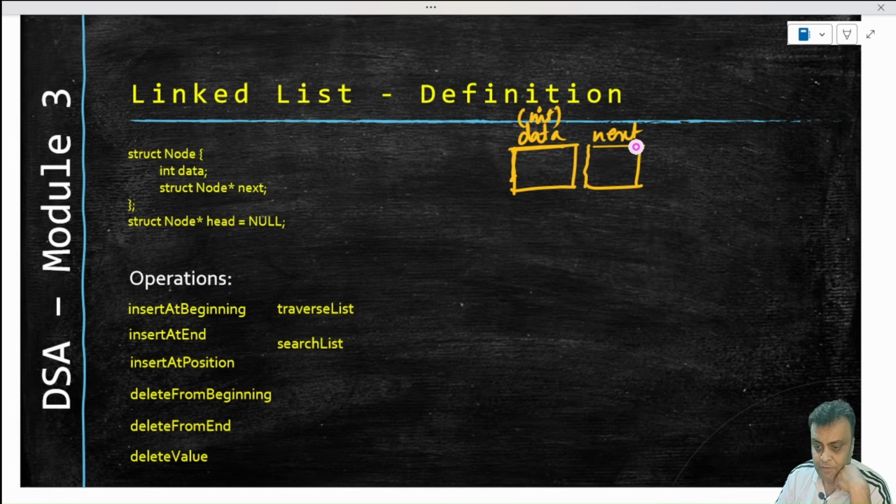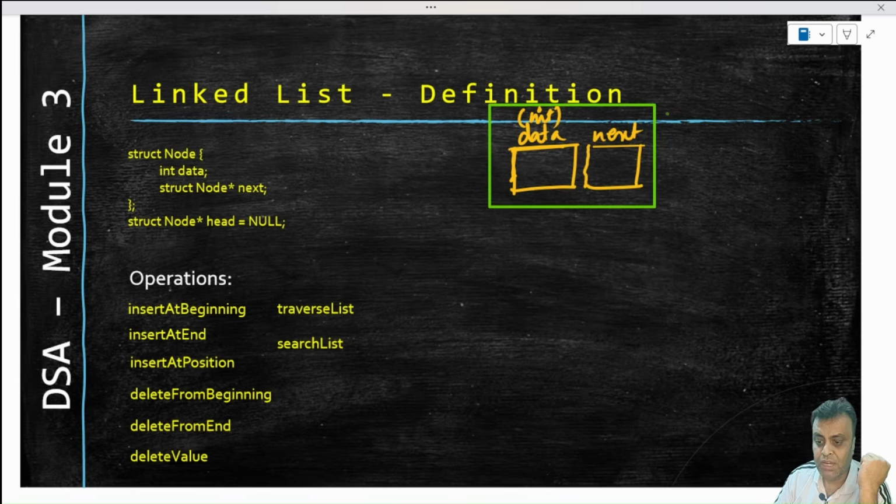If we have to store these two, they should be grouped together to create one single variable, right? So we need to create one single variable that in turn has two more variables, and hence we are talking about structures, right?